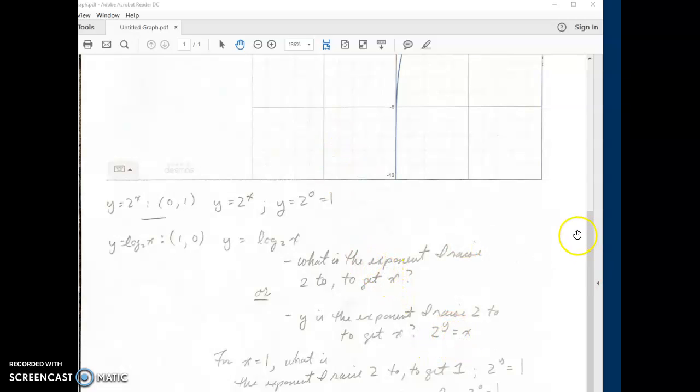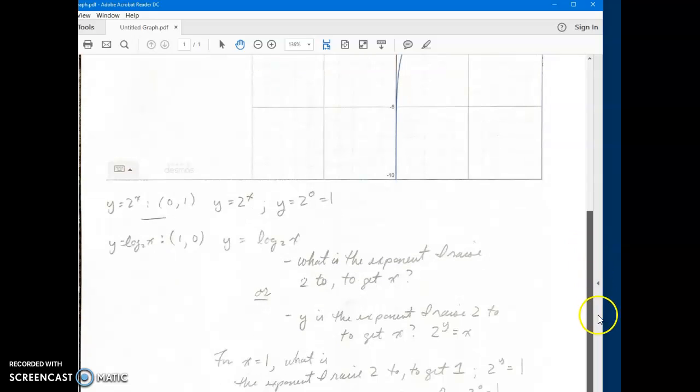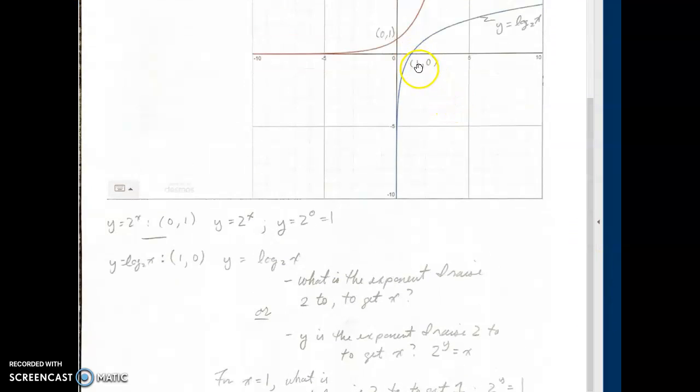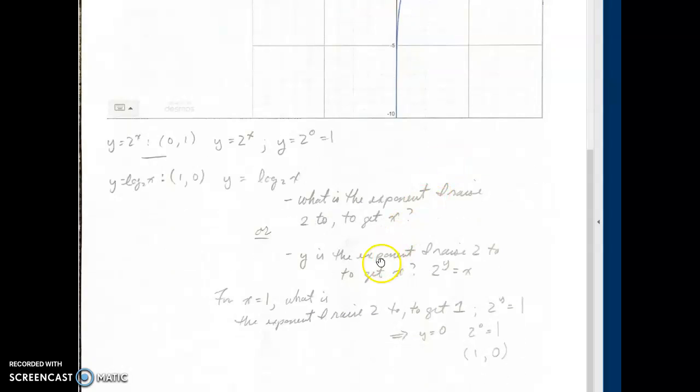And so why does it go through 1, 0? Well, let's think about that. When x is equal to 1, what is the exponent I raise 2 to get 1? There's the exponent y. And obviously, to get 1, y has to be 0, right?